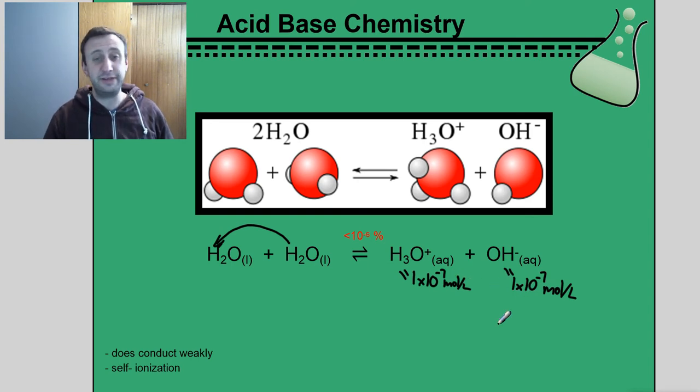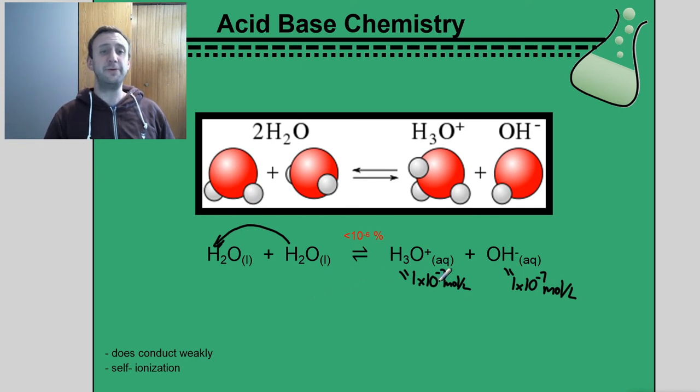Now again, this is an equilibrium. I'm constantly making hydronium and hydroxide ions, and they are constantly reacting to make water again, so forward and reverse reactions happen at the same rate. As a result, concentrations remain constant, because it's a dynamic equilibrium.